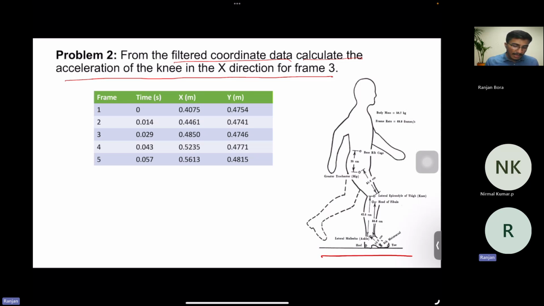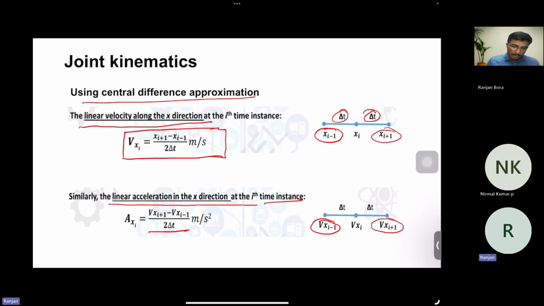And here is some data given for different time instances, the position of the knee joint for different time steps. It is asking the acceleration for frame 3, that is this frame. So what will the acceleration for frame 3 be? See, this was the formula: Vxi plus 1 minus Vxi minus 1 divided by twice delta t.